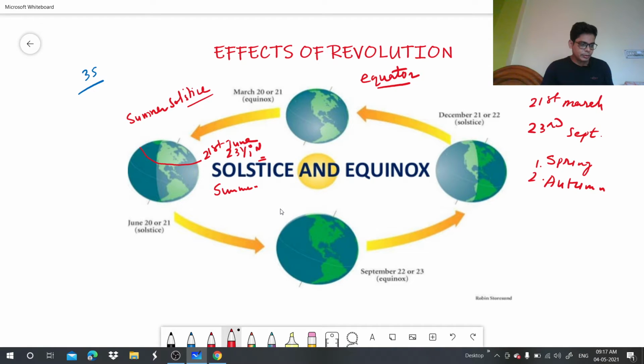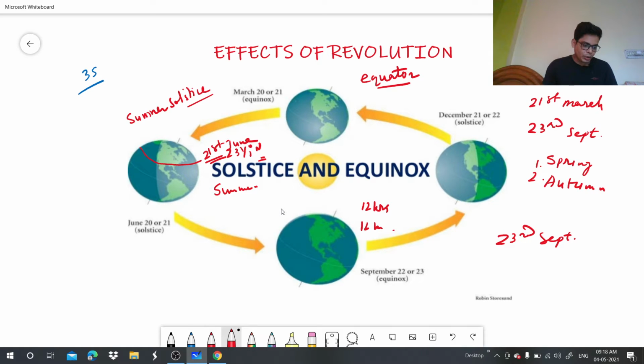On 23rd September, the direct sunlight again falls on the equator, and there are 12 hours of day and 12 hours of night. This time is also an equinox.